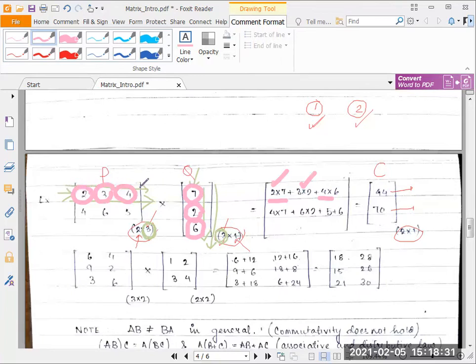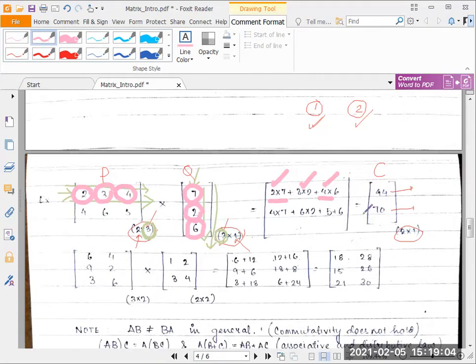Since the number of elements along the rows of the first matrix is the same as the number of elements along the columns of the second matrix, we have 3 elements for each row of the first matrix and 3 elements for each column of the second matrix. So we'll have 1, 2 and 3 products to be added.